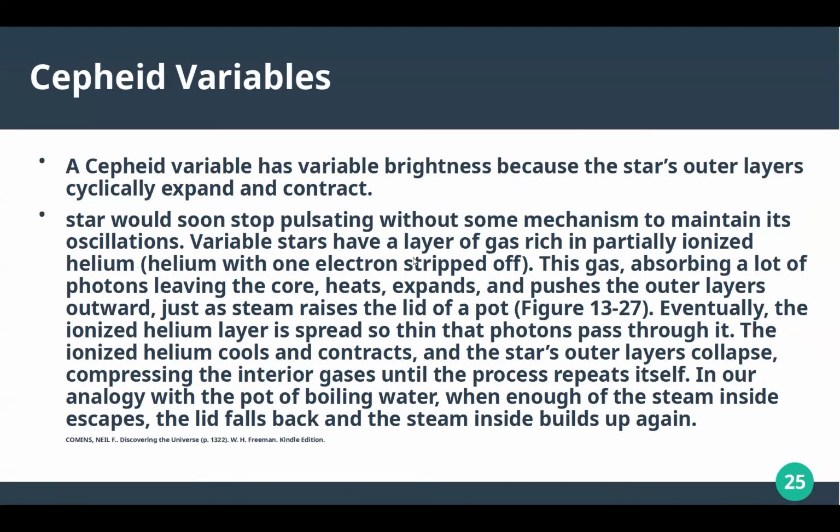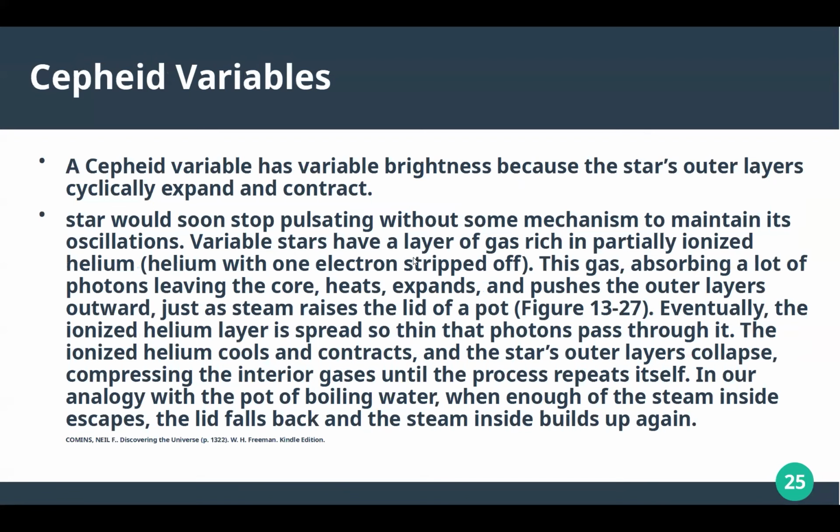The star would soon stop pulsating without some mechanism to maintain its oscillations. Variable stars have a layer of gas-rich, partially ionized helium with 1 electron stripped off. This gas, absorbing a lot of photons leaving from the core, heats, expands, and pushes the outer layers outwards, just as steam raises the lid of a pot.